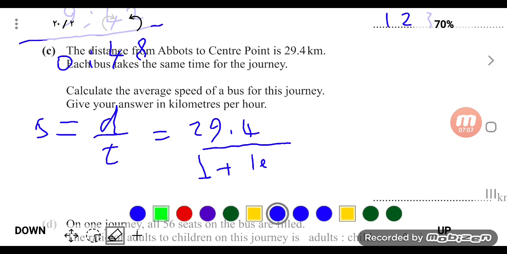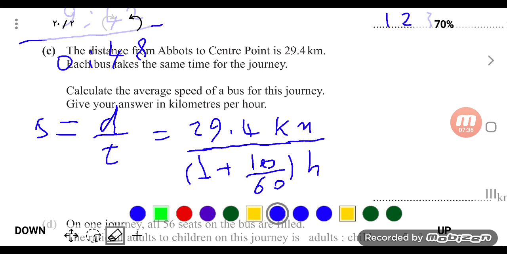Of course, 10 should be divided by 60 in order to make it kilometers per hour, because here at the top you have kilometers, so the denominator should be in hours. Be careful to divide by 60 in order to get the answer in kilometers per hour.